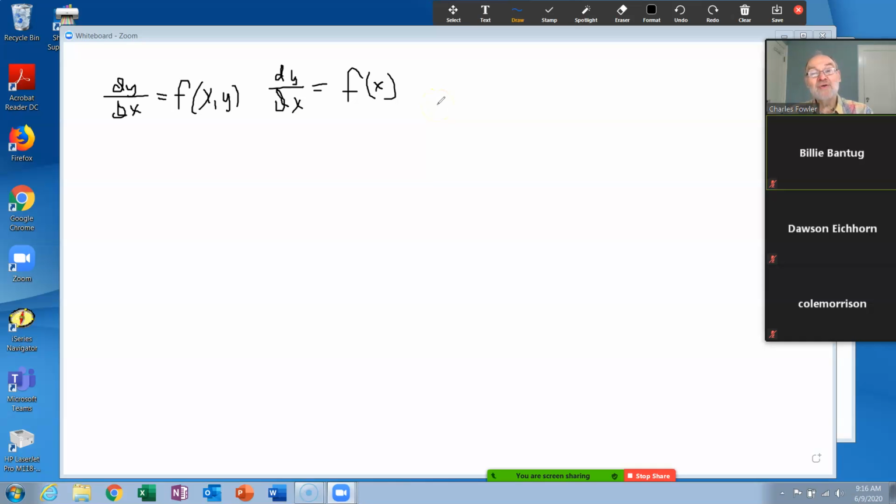That's not what you're doing. You're writing this in differential form. In differential form, this would be dy equals f of x dx, written in differential form. Easy to say, easy to write. And then what would you do to that? You'd integrate both sides. And generally, without any other information, this would be an indefinite integral.